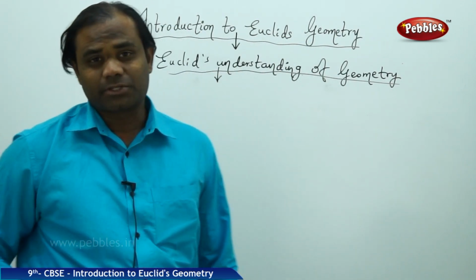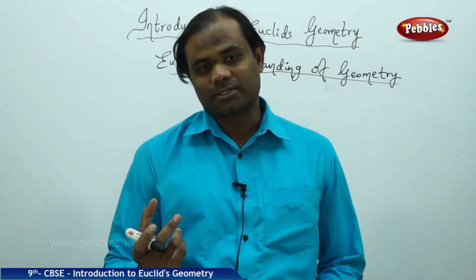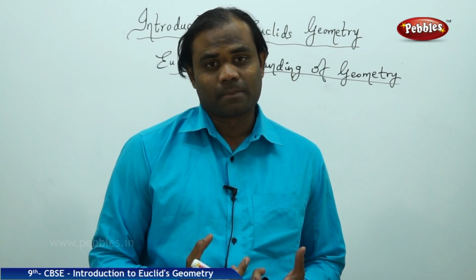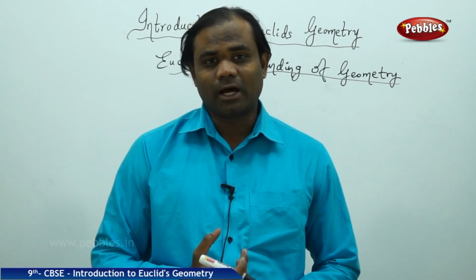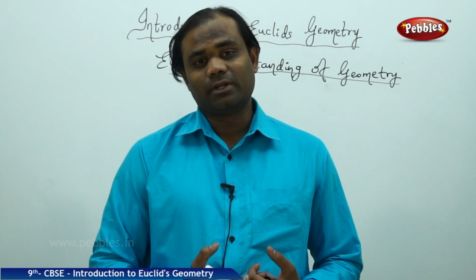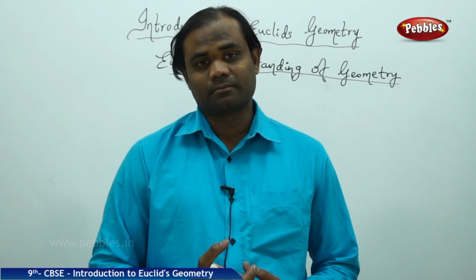In Euclid's understanding of geometry, we need to understand some basic concepts before we understand the geometry itself. So let's try to understand how Euclid came to different basic properties before he could apply geometry in various real-life situations.